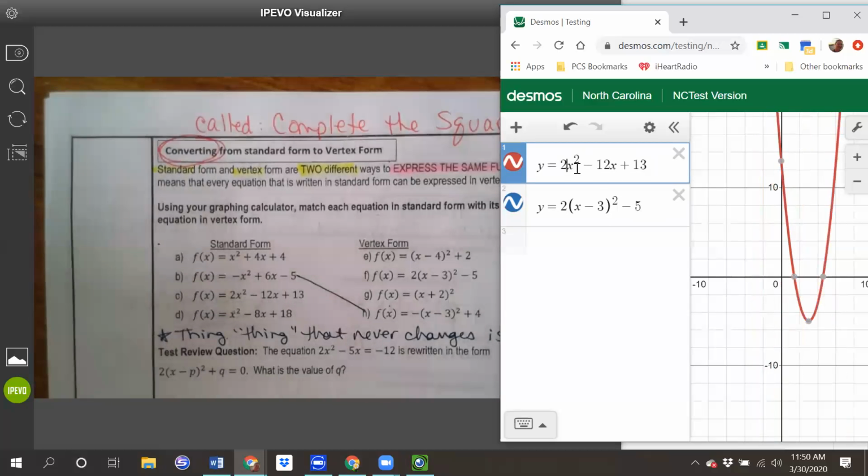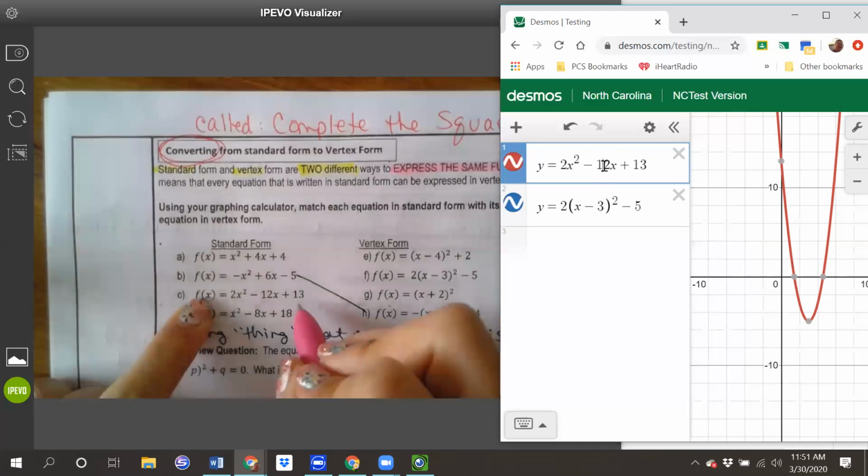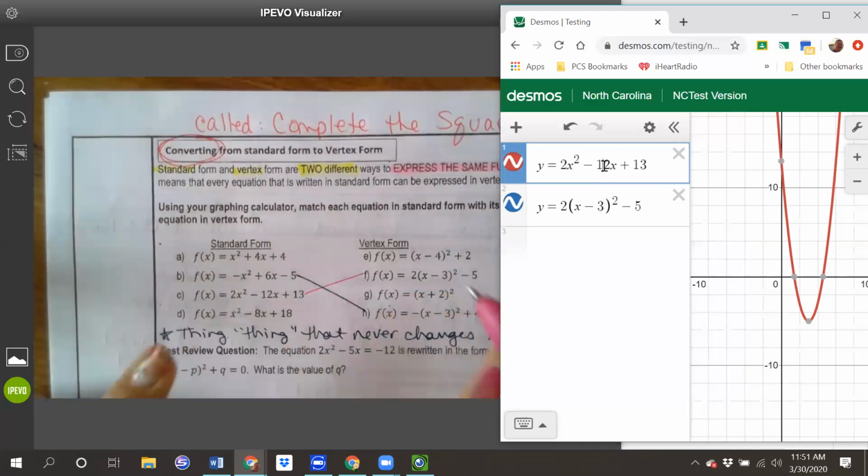I have too many x's in there. Okay, so just double checking my equations. If I flip back and forth between the two, they are in fact the same thing. So that means that I can now put C with F.